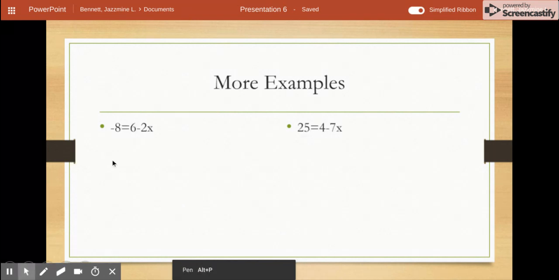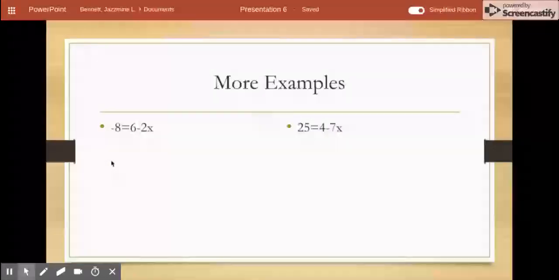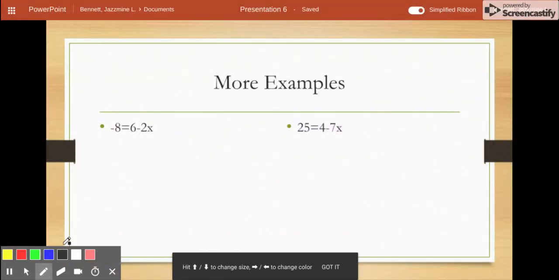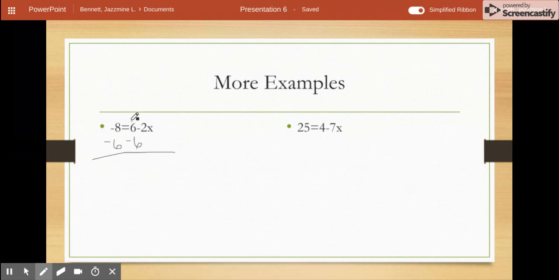Next we have negative 8 equals 6 minus 2x. The first step is to subtract that 6 from both sides. This is going to cancel out, so we're left with negative 14 equals negative 2x.